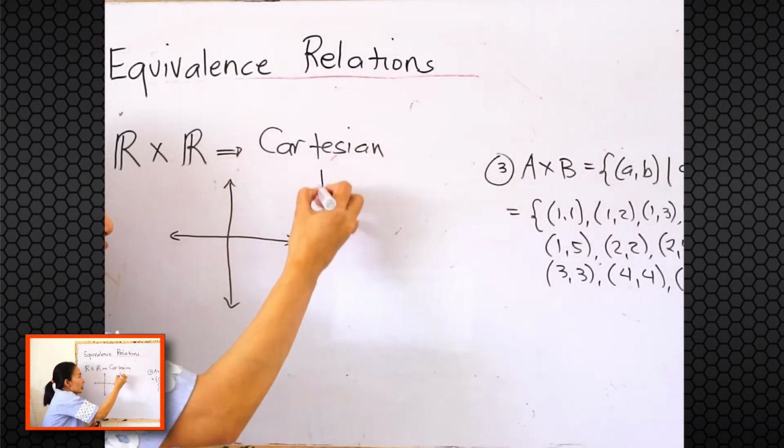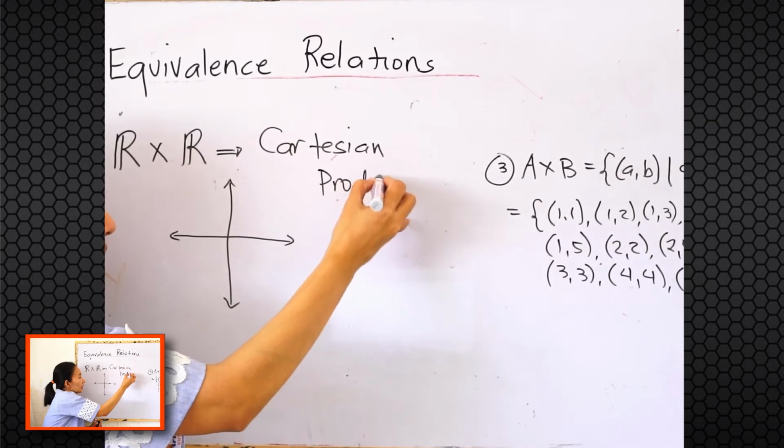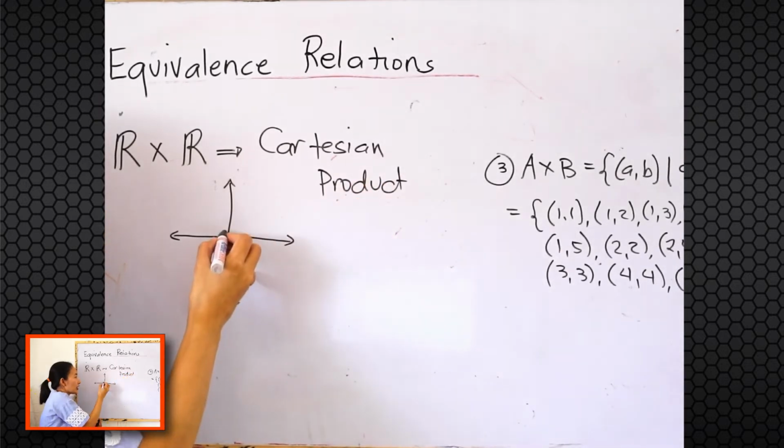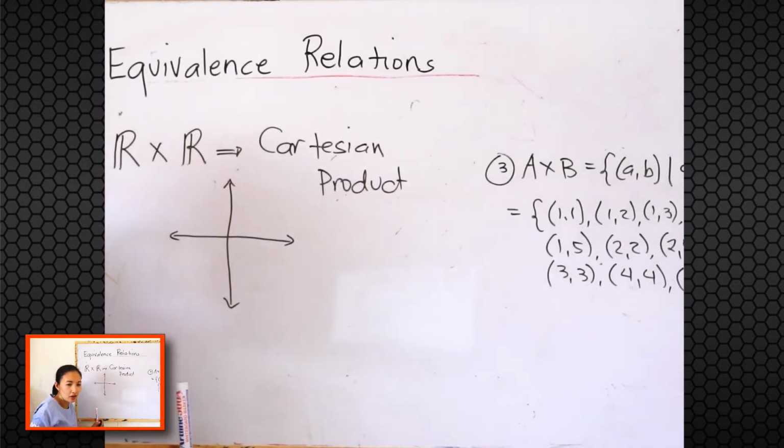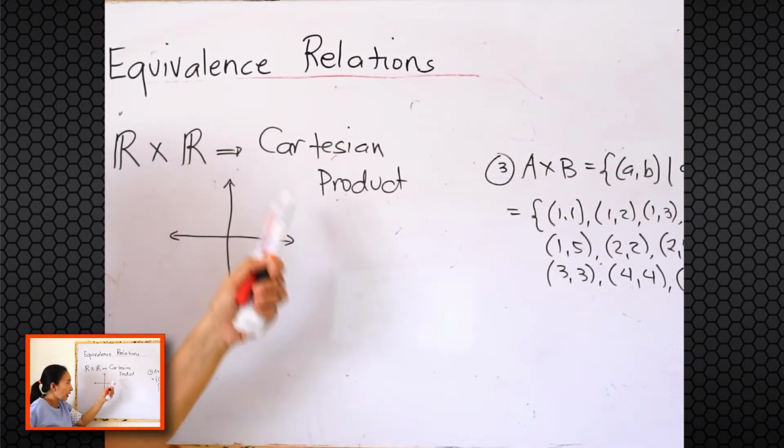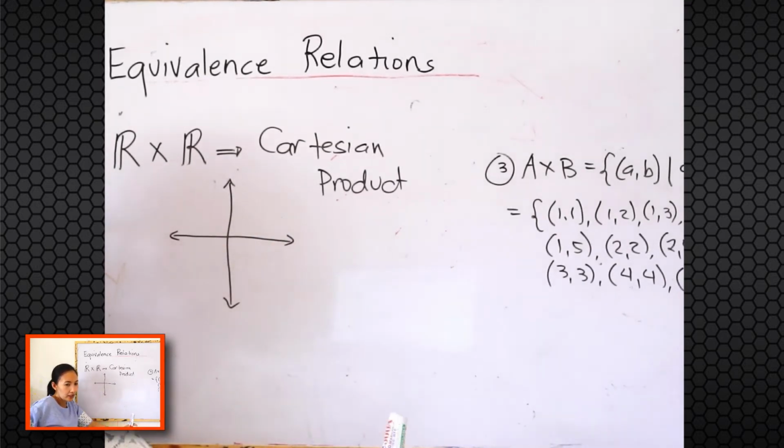So (0, 0), (0, -1), and so on and so forth. Do not forget that. The geometric interpretation of the Cartesian product is represented by the Cartesian plane.